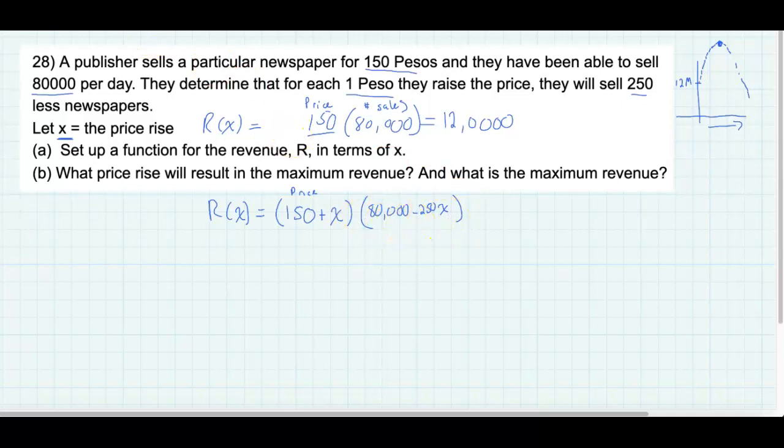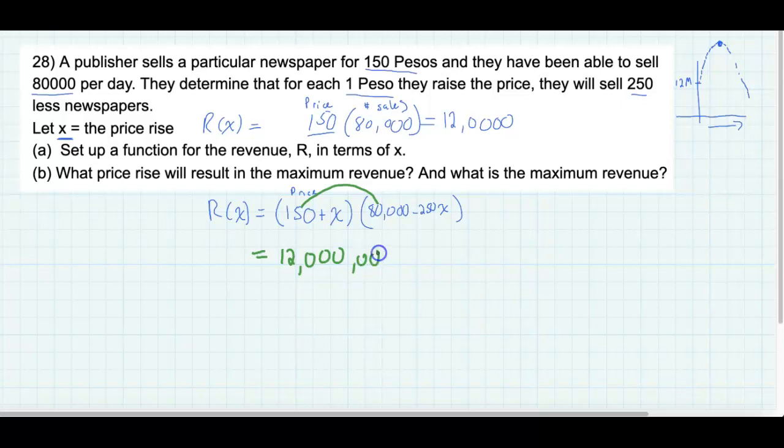Think about that. So we can go ahead and expand this, and then we could use negative b over 2a to find that maximum X value, and then our maximum revenue as well. This is just the distributive property. So 150, we know that's 12 million, we already did that.